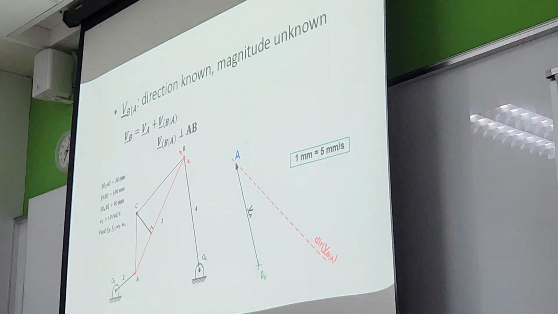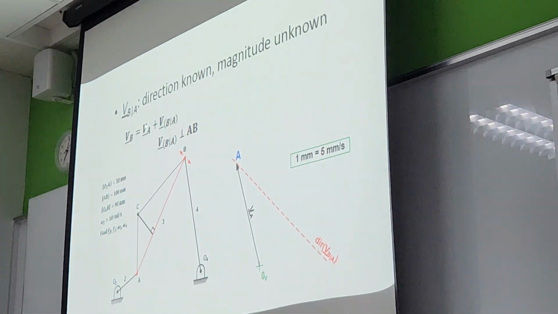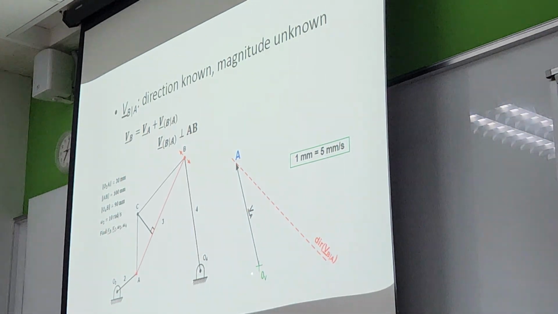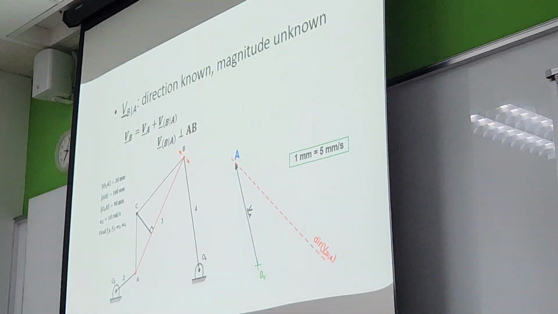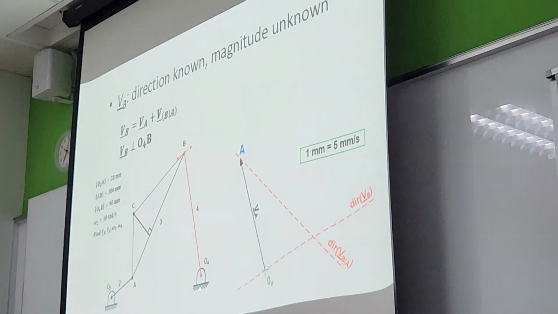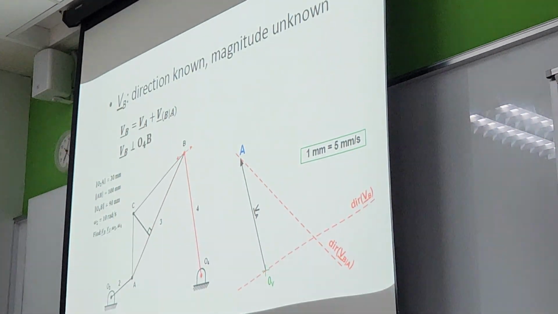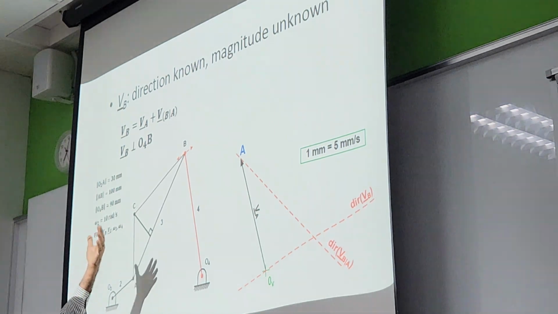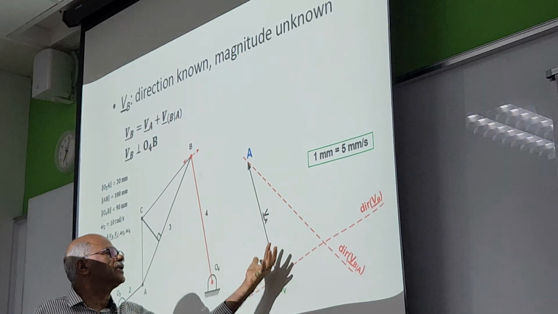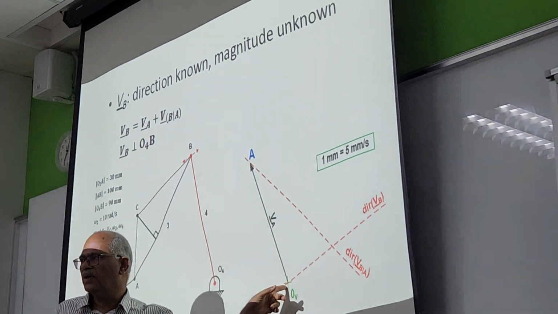Okay, but now we have drawn VA, we have drawn VBA. Okay, so now we need to draw velocity B. Now velocity B will be perpendicular to the link 4. Okay, so this is the direction of velocity B. So now you are bringing the same thing to the origin here.